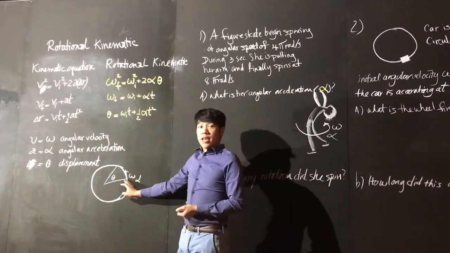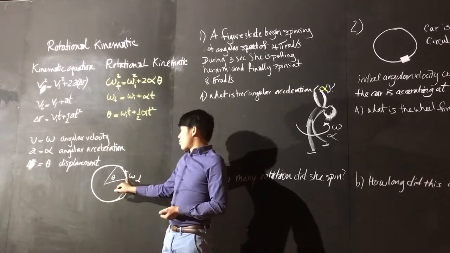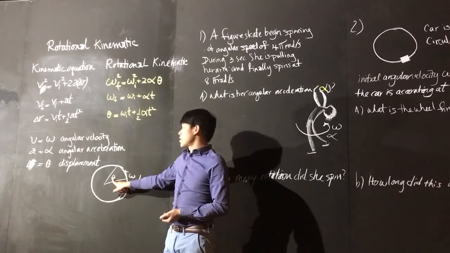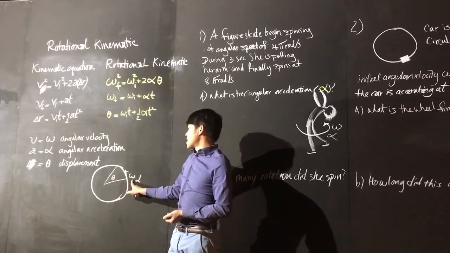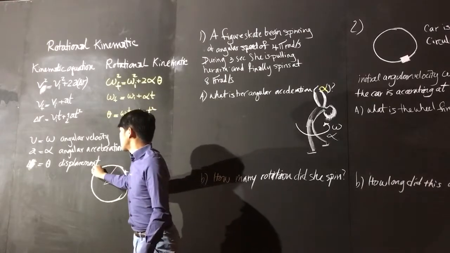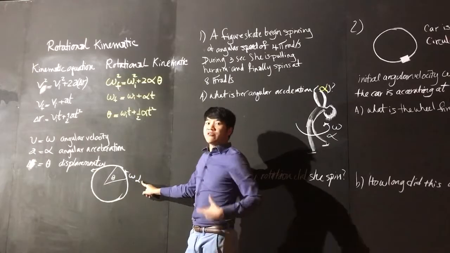This is a visual representation of what it is. When the object rotates from here to here, we call that the displacement, theta. At every single point it has its own velocity and acceleration involved.